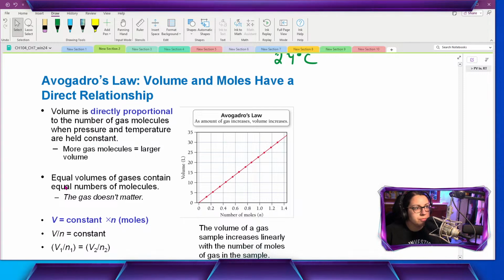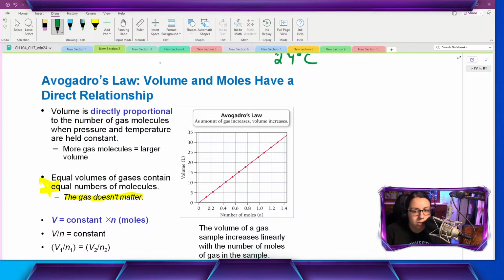And this is nice. So we'll assume this: equal volumes of gases contain equal number of molecules. So again, the identity doesn't matter. In actuality, there's a little bit of variation depending on the gases, and I think we'll discuss that later. For our purposes, we're assuming ideal gases, so the identity does not matter.